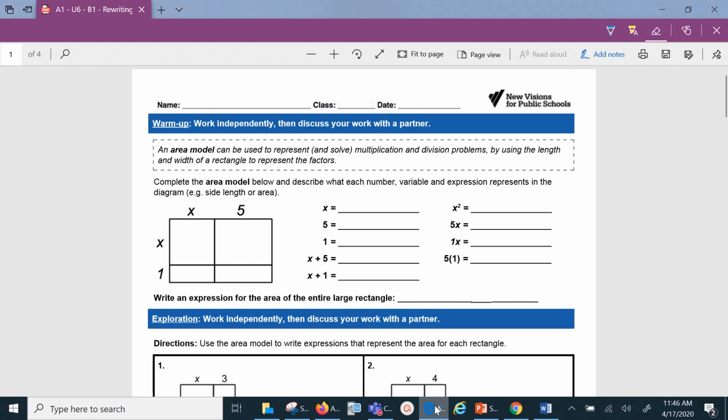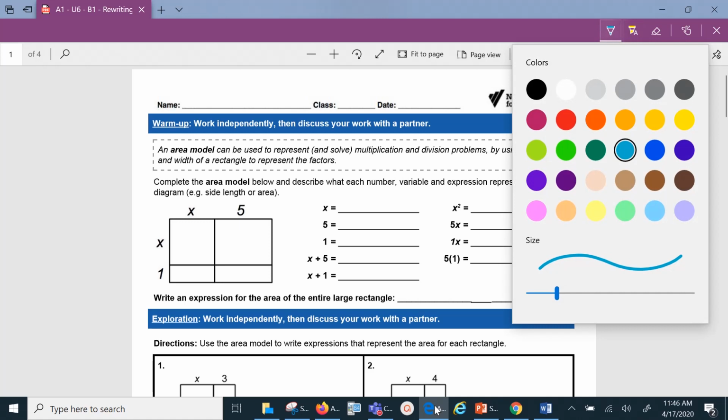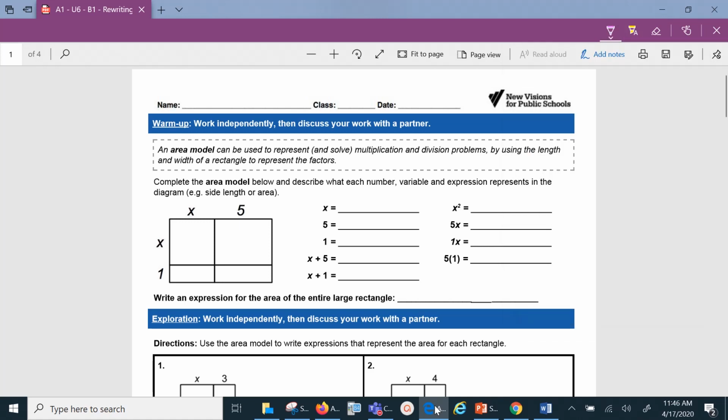Okay, so complete the area model. It's really important to understand that the x, what it represents in this, let's do color here. Let's do a pink. I like pink. It's part of the length of this rectangle. So it's not the entire length.